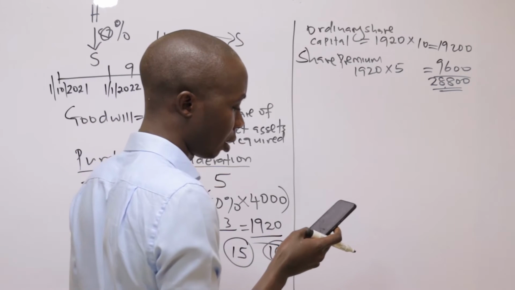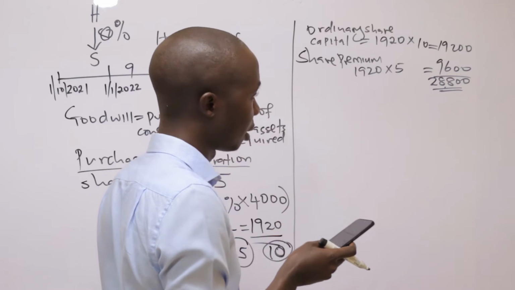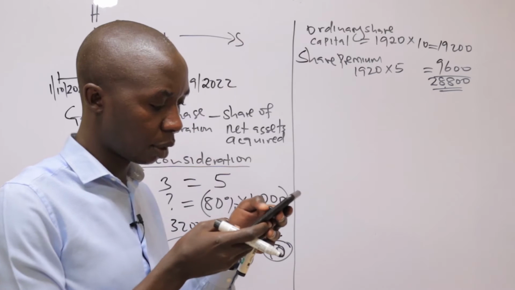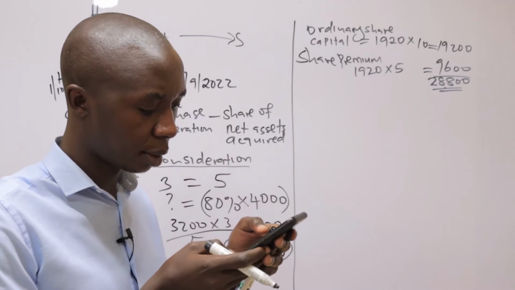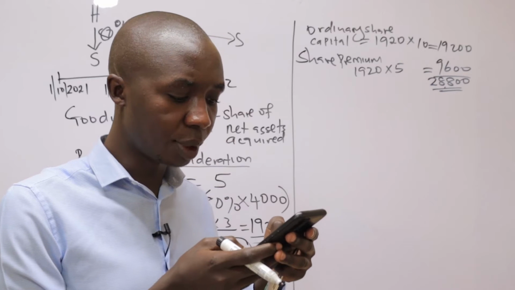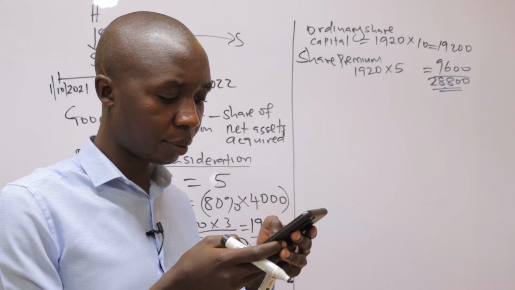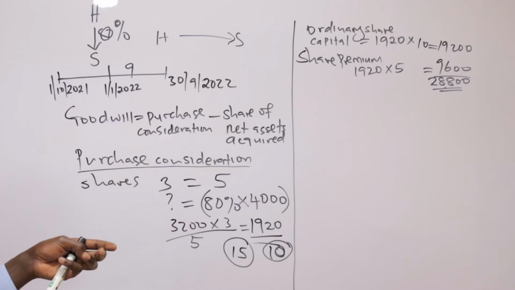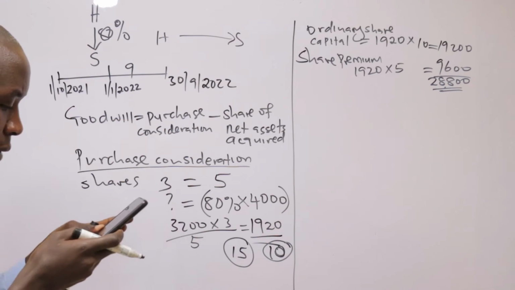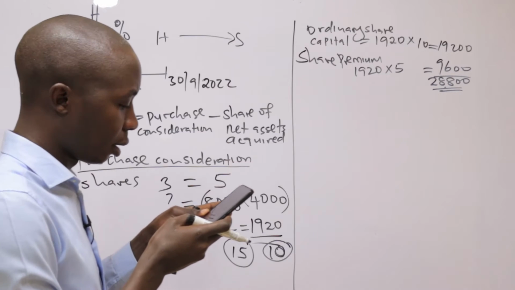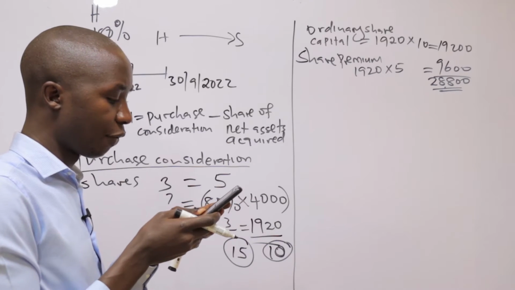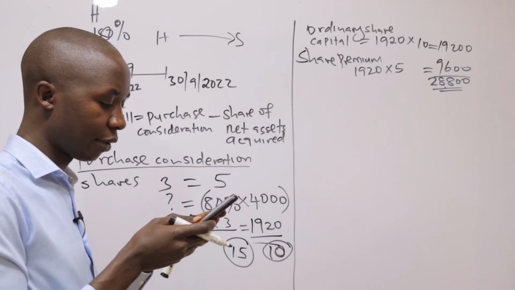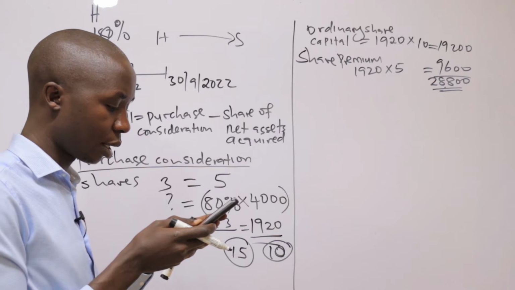Other than through shares, there was another way the consideration was made. In paragraph 3 they said, additionally, H Limited will pay further consideration on 31st December 2022, that is after almost a year, by the end of the year, of shillings 11 per share acquired.